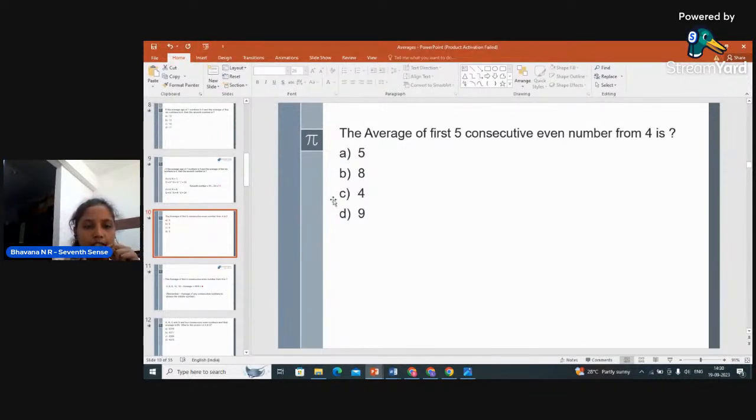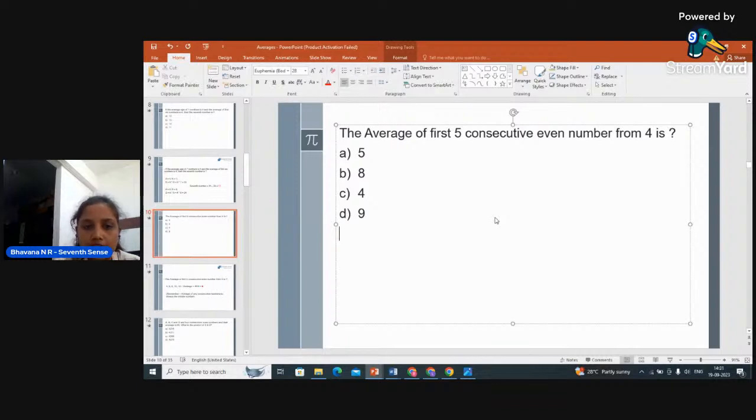So the answer is 8. Here we do not need to add all the numbers. We are writing from the start: 4, 6, 8, then 10, 12. These are continuous numbers, right?